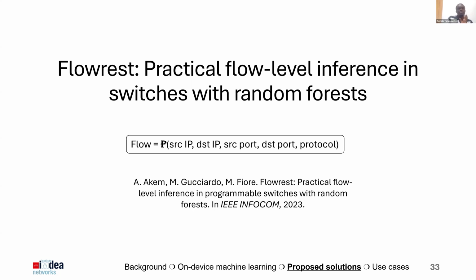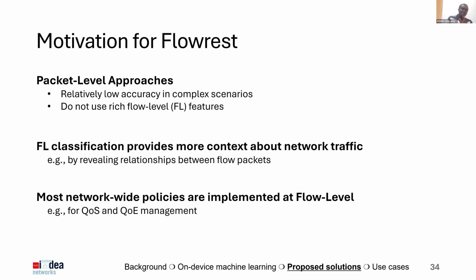So the motivation for this work is that with packet level approaches, because we are using very simple features, we hardly reach high accuracies, because we are not leveraging the intrinsic relationships between the different packets of flows that flow level classification can enable. Also, generally, when you are designing policies for networks, like somebody asked about rule-based approaches, you would define rules according to groups of packets, not for individual packets.